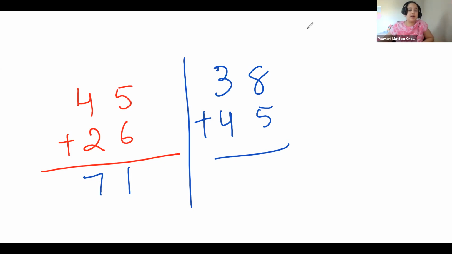So the way that I do it sometimes, I take the 30 from the 38, and then I add it to 40 from the 45. Then I get 70. Then I add 8 plus 5. That is what completing the whole means. That was the previous thing. Very good.